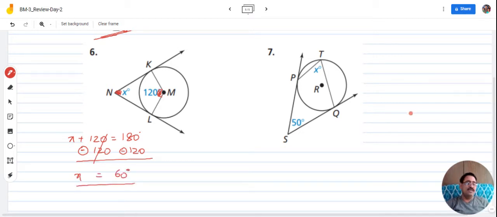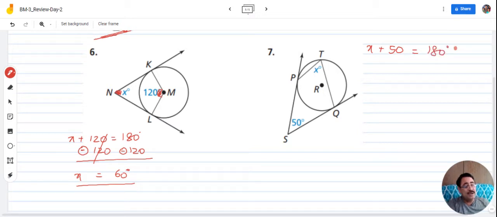The next question seems to be the same way, but it is not. Why? You may think that x plus 50 equals 180 degrees.